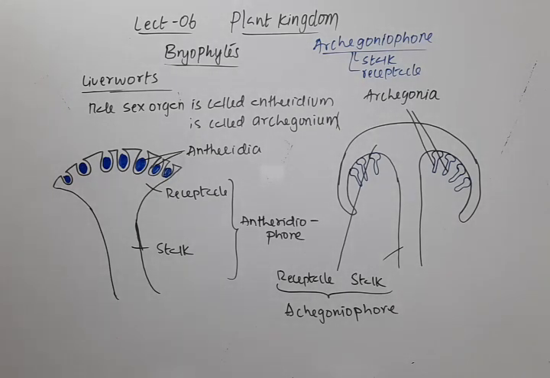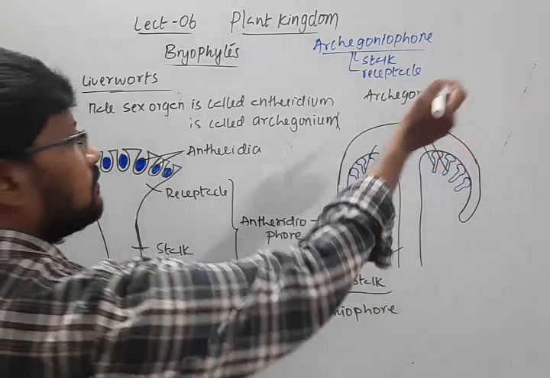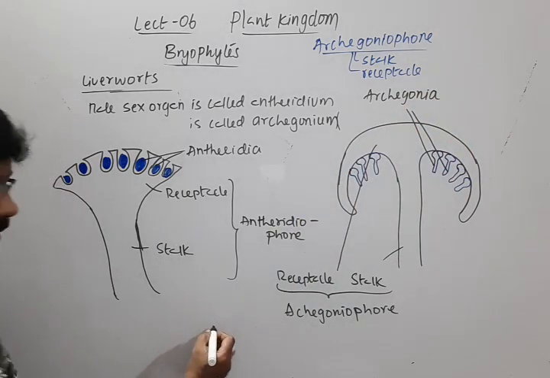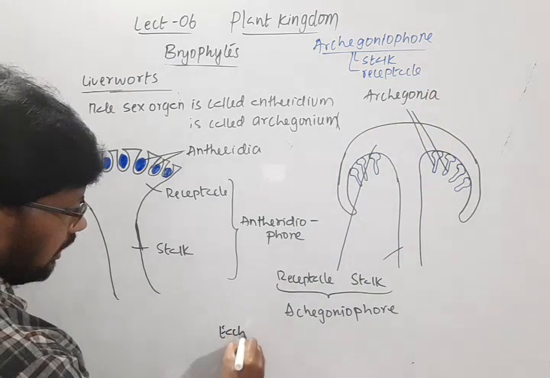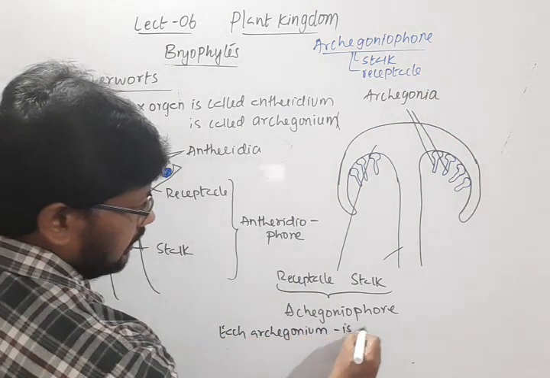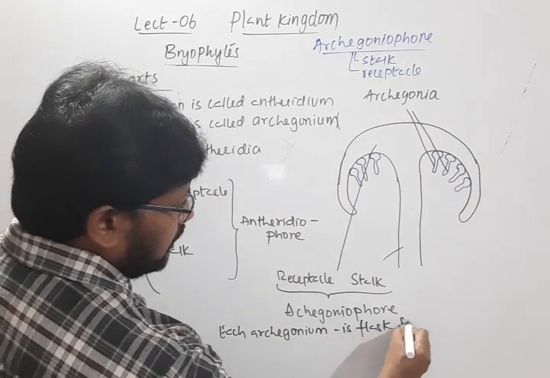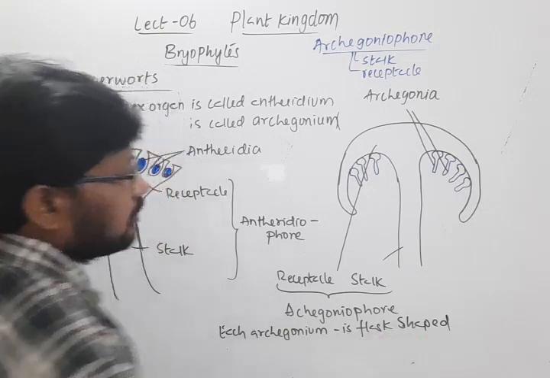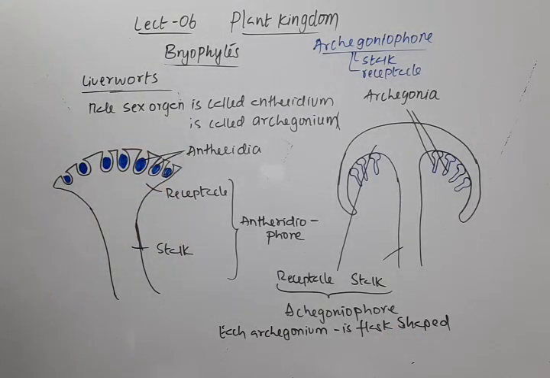Each archegonium is flask shaped, and it contains an egg cell inside.